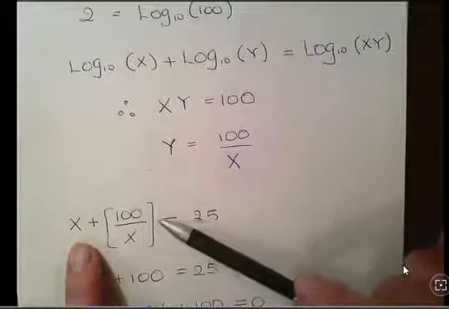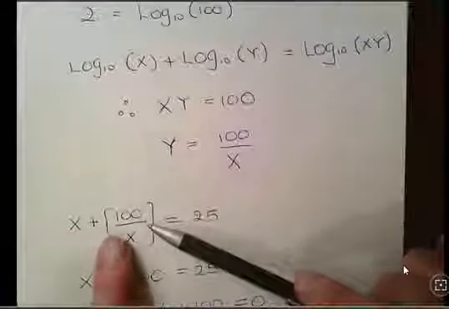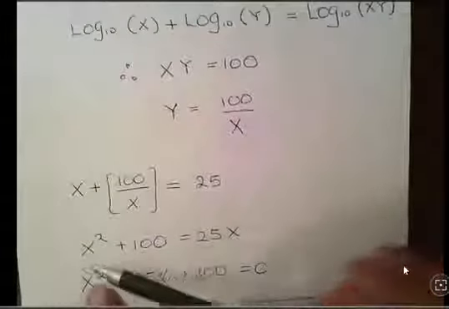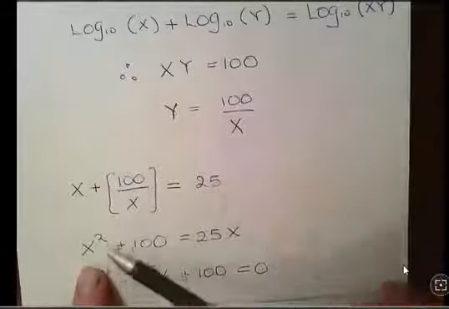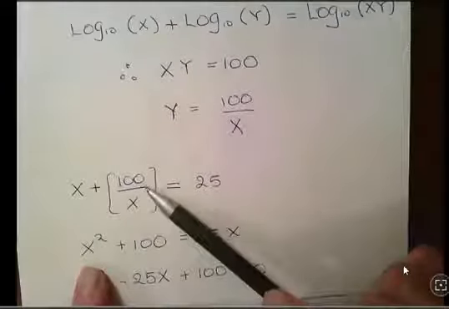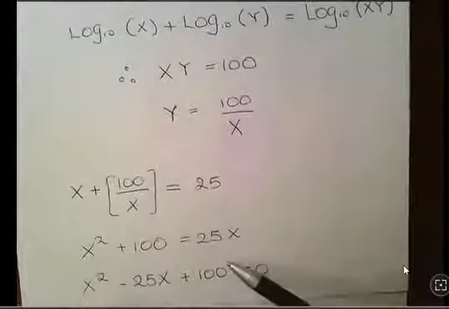So substituting 100 over x in place of y, we have x plus 100 over x is equal to 25. Multiply each expression by x. So we have x squared plus 100, since 100 over x times x is simply 100, equals 25x.